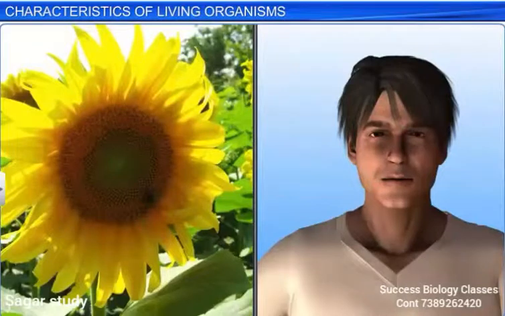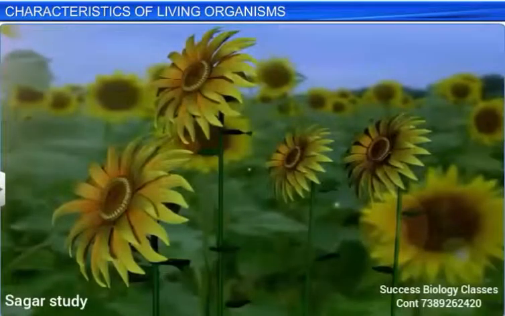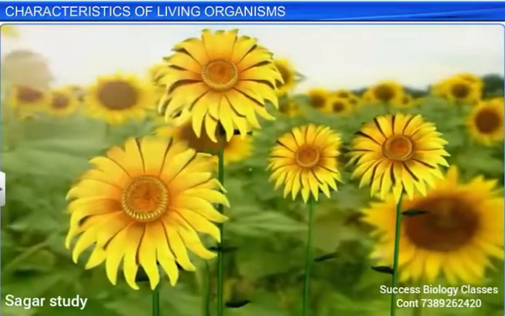Consciousness is another feature associated with living organisms. We know that all living organisms sense and respond to environmental stimuli such as light, water, and temperature. For instance, a sunflower always faces the sun.